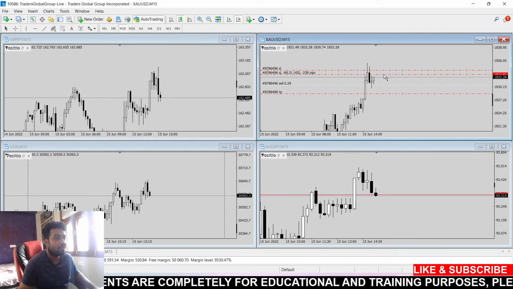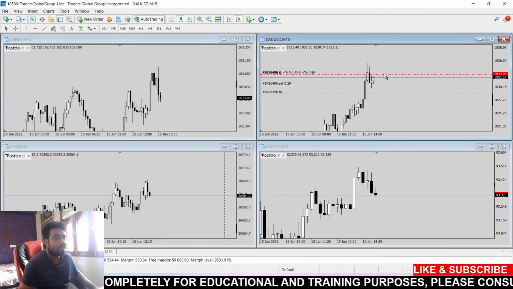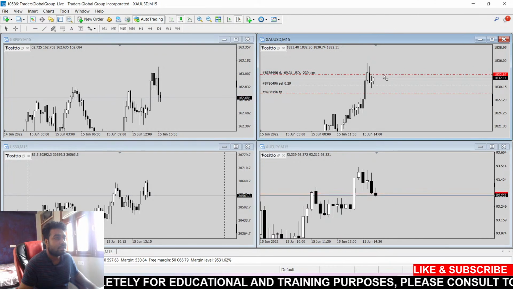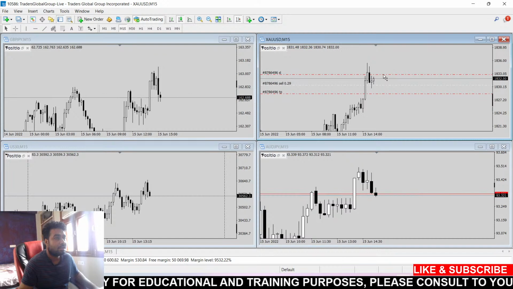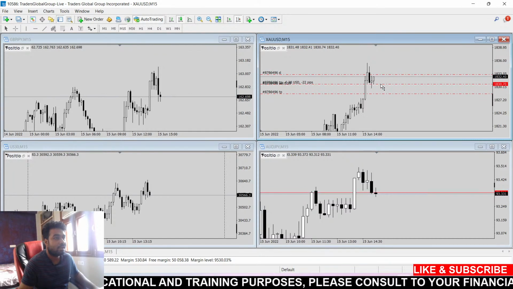Don't want to lose my entire 1% in this trade. I have just minimized it and I'm keeping my trade at around break even.